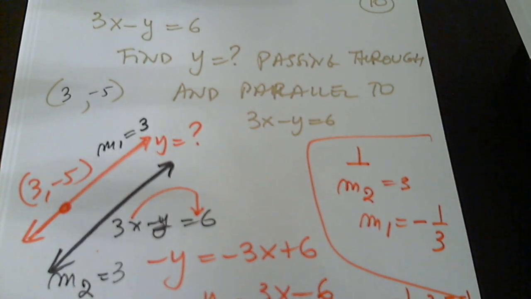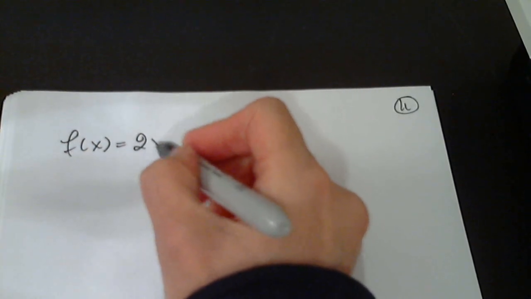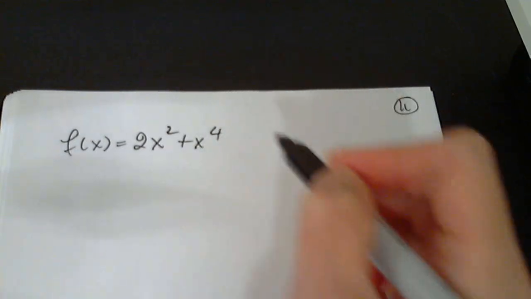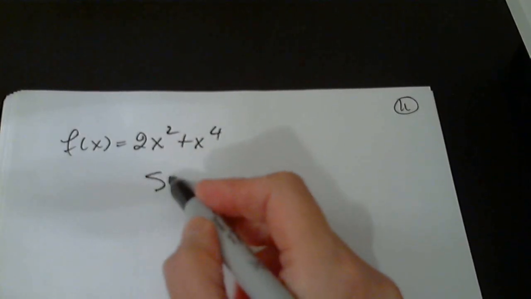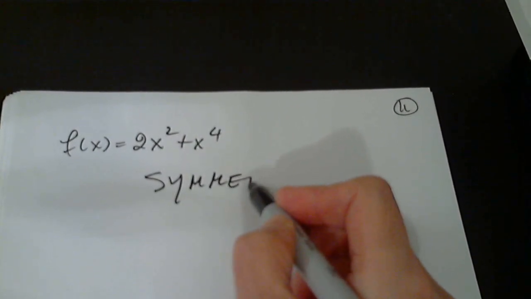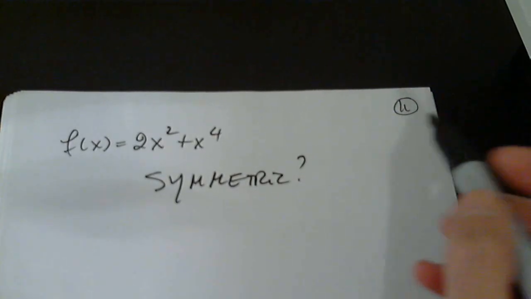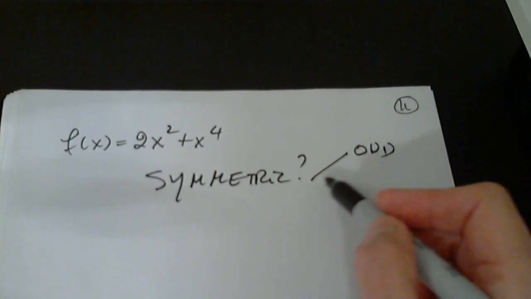So let's identify now if a function is symmetric. Let's say f of x equals 2x squared plus x to the 4th. Symmetric? In other words, odd or even?